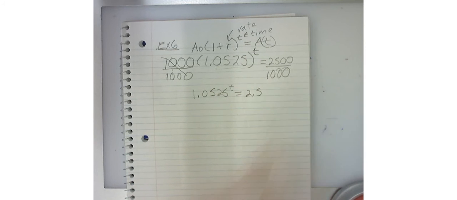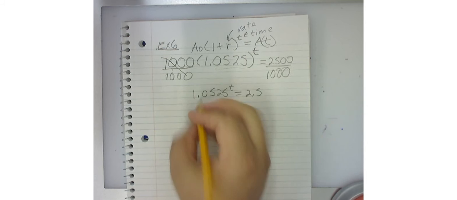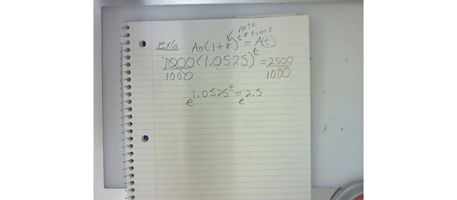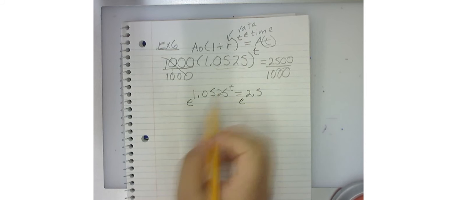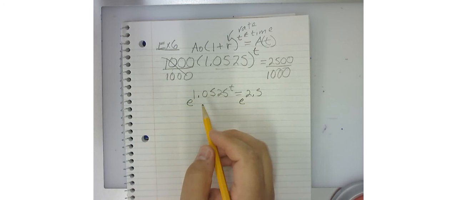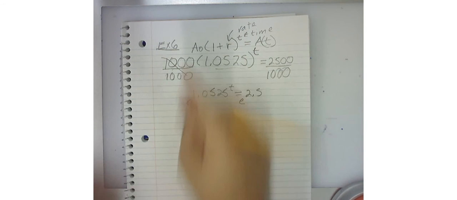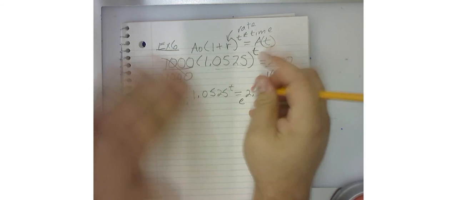Okay, and so now that it's like that, if I make everything a power of e, I've got this really nice property that I could take advantage of. Oh wait, not raise it to the e. I'm so silly. I need to take the natural log.